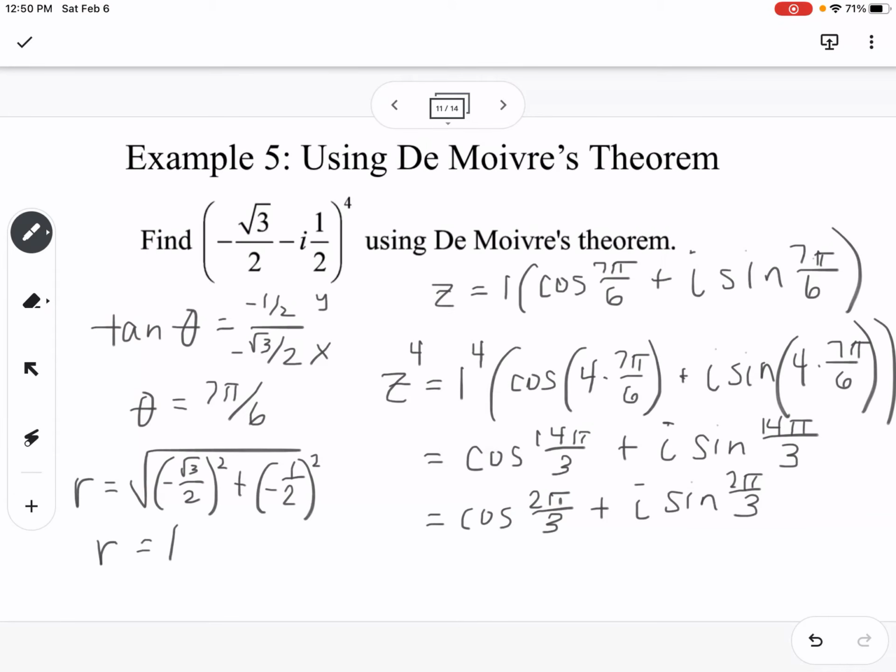And then we can actually get those values. So z to the 4th power would be cosine of 2 pi over 3, which is negative 1/2, and then sine of 2 pi over 3, sorry, it'd be square root of 3 over 2. We can put the i in there. So that would be our solution.